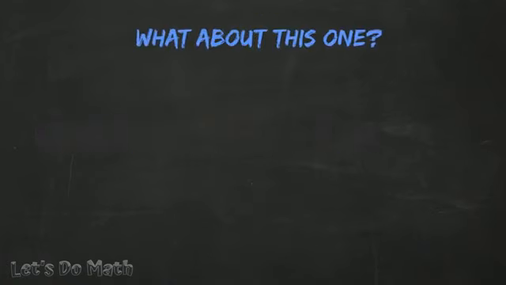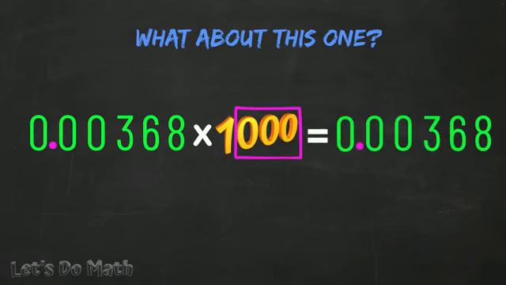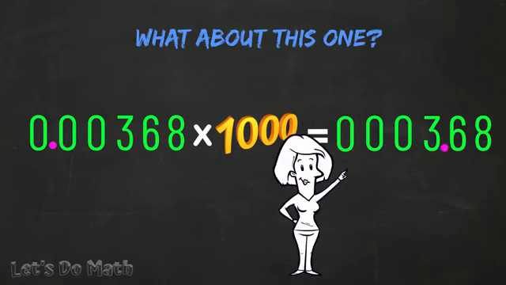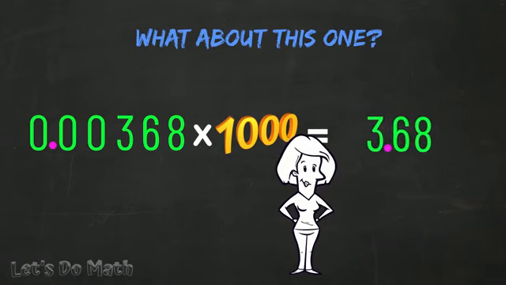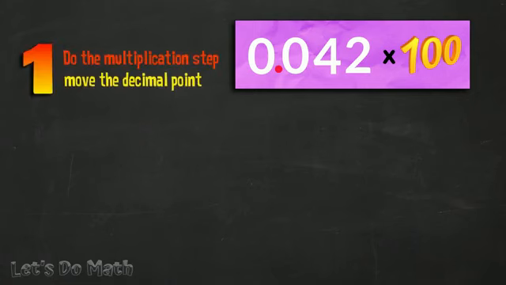What about this one? We have to multiply 0.00368 by 1000. We're going to move the decimal point 3 places to the right. 1, 2, 3. And we can dump those place-holding zeros at the beginning. So we've got our answer, 3.68. First you do the multiplication step and move the decimal point.